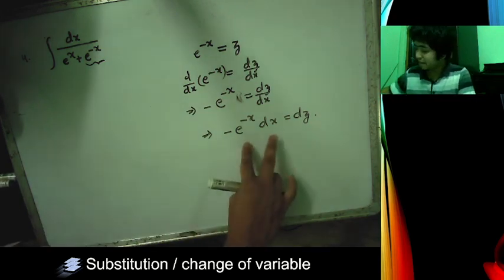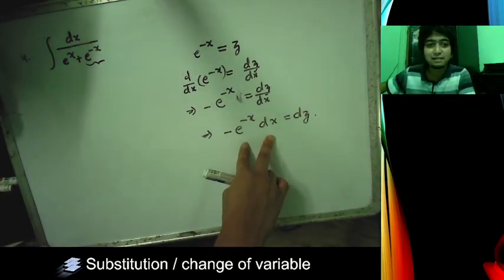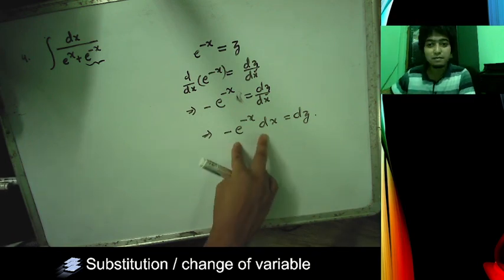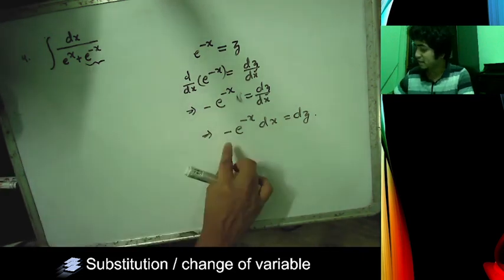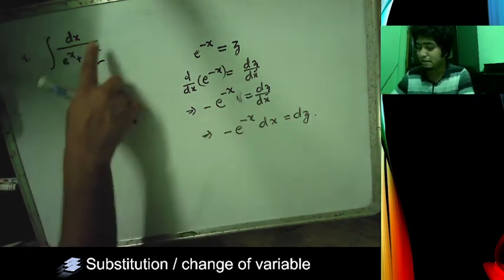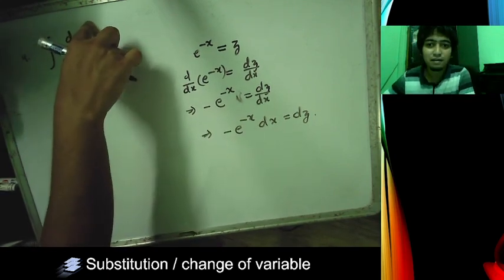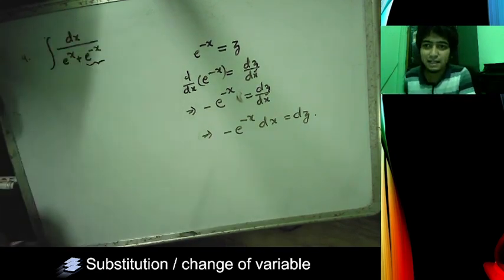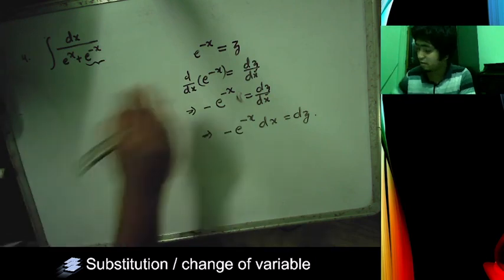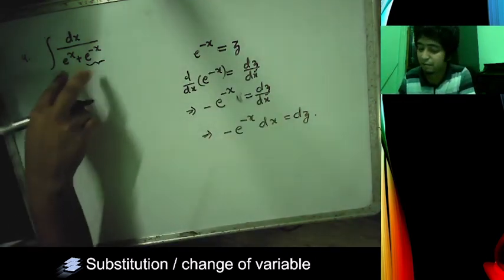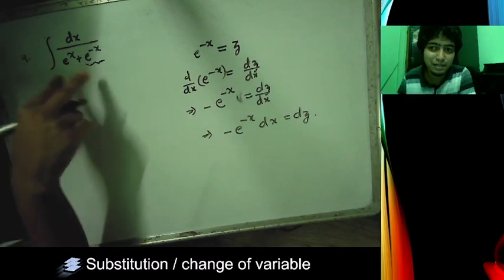So we are actually getting something that looks like this. But if you notice, this term is not actually present here, that is e power minus x dx. There is nowhere that you can use this one here. So if such a case happens, let us know that we have to do something else first with this integral.